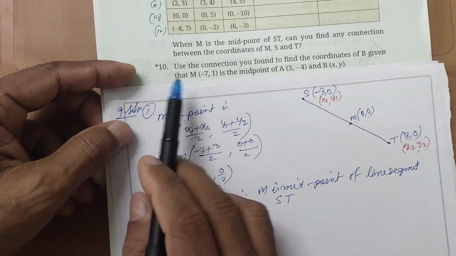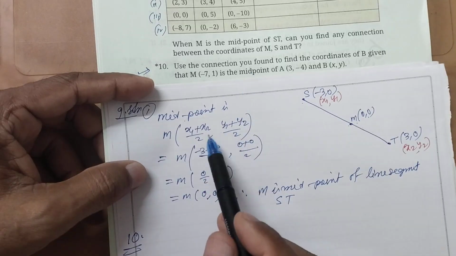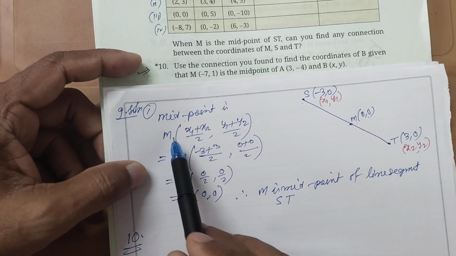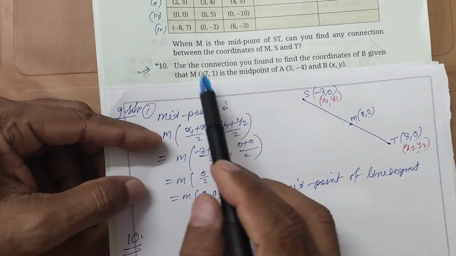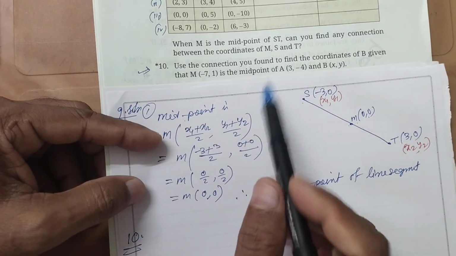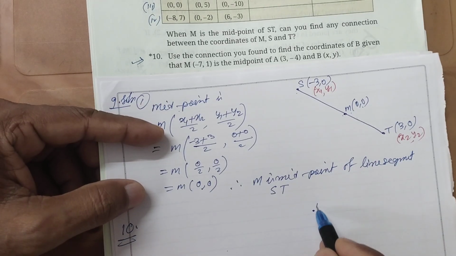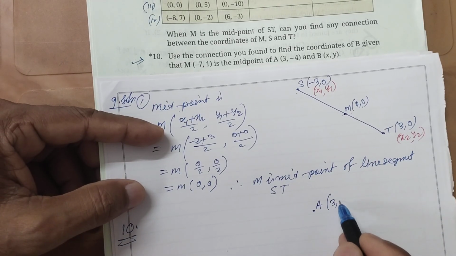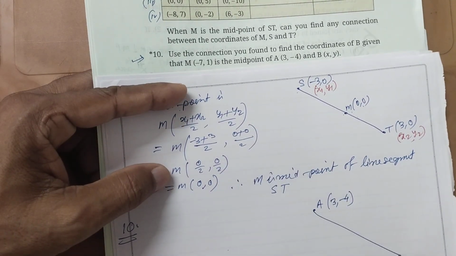Question number 10 says use the connection. Use the connection means the formula we have used in question number 9, the midpoint formula. Use the connection to find. The question is like this: one point is A, given as 3, -4. Another point is B, given as x, y, which is unknown.